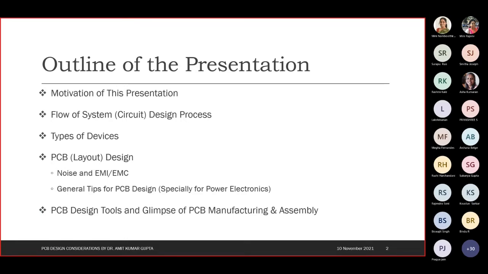A bit of this presentation will be inclined towards power electronic design, and I will tell you why. Then PCB design tools, and in short some glimpse of PCB manufacturing and assembly process.